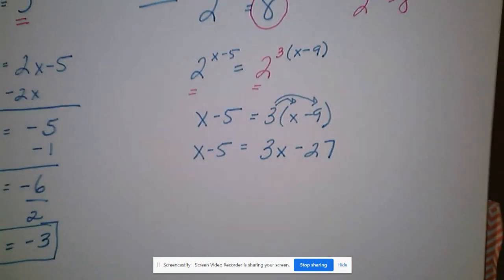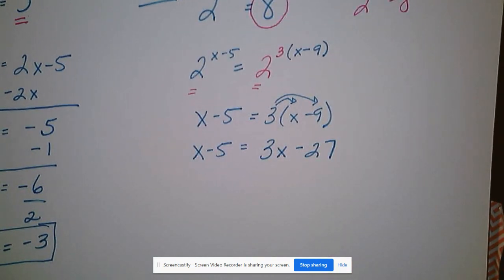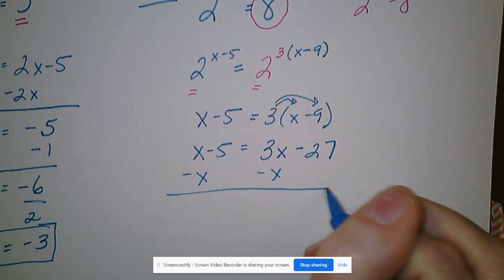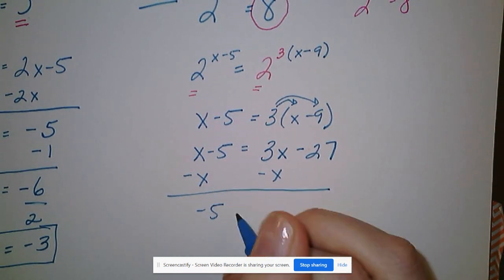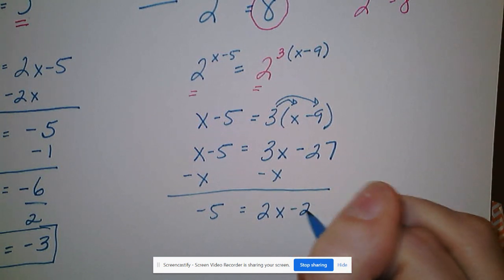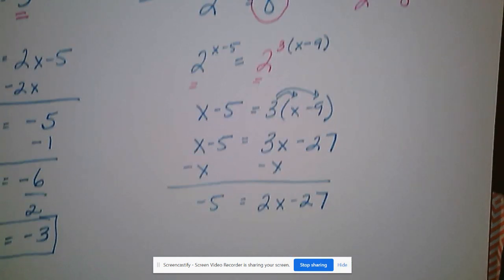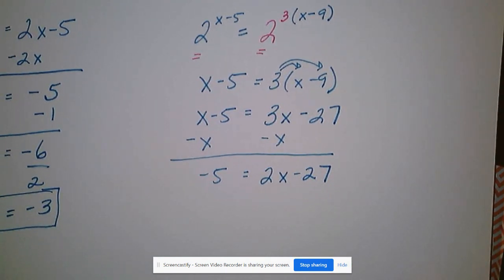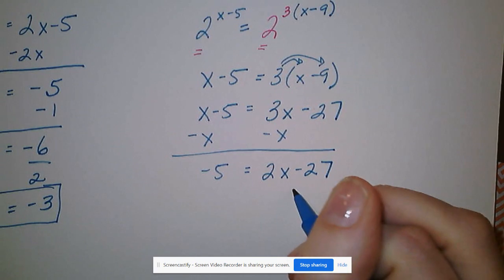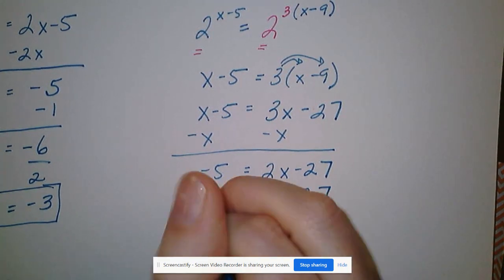Okay, again, I want to get all my x's to one side first. I like to have them positive, so I'm going to move this x to the other side. So I have negative 5 on the left, don't lose that sign, and I have 2x minus 27 over here. All right, now I have a two-step equation left over. I'm going to get all my constants on one side. That means I need to move this by adding 27 to both sides.